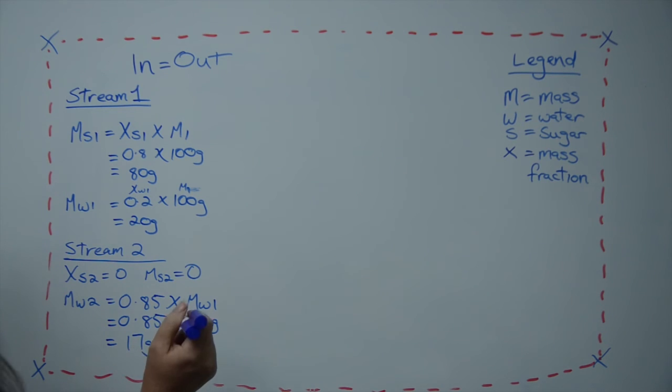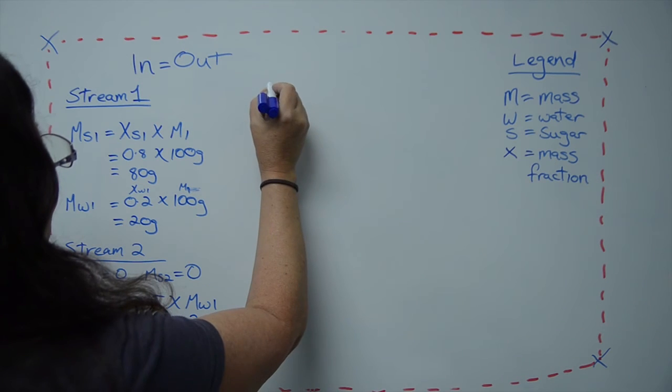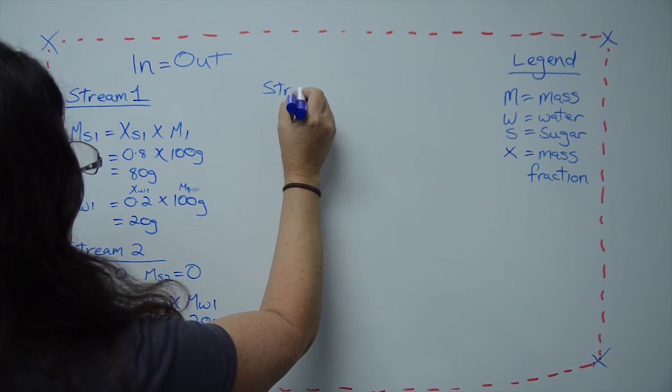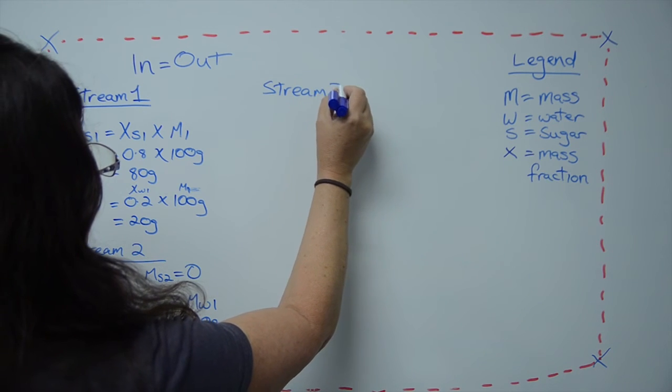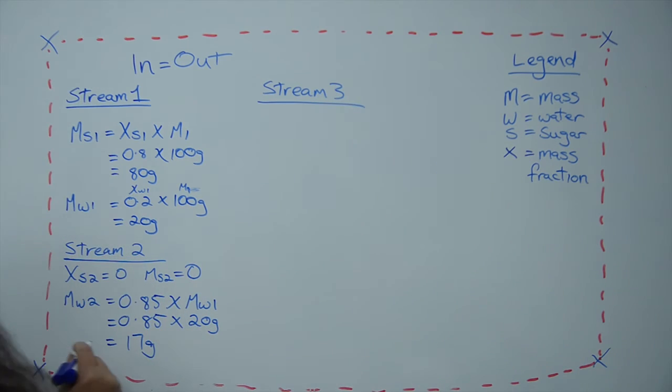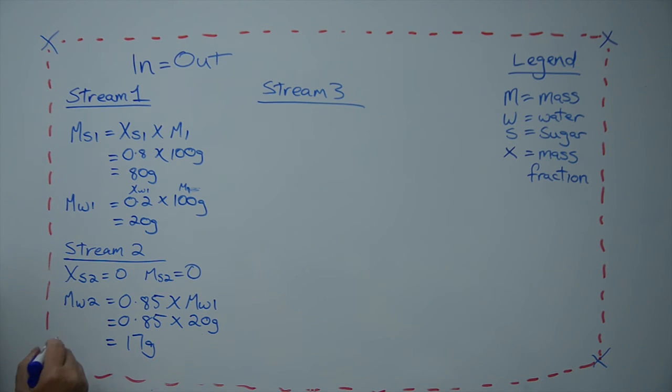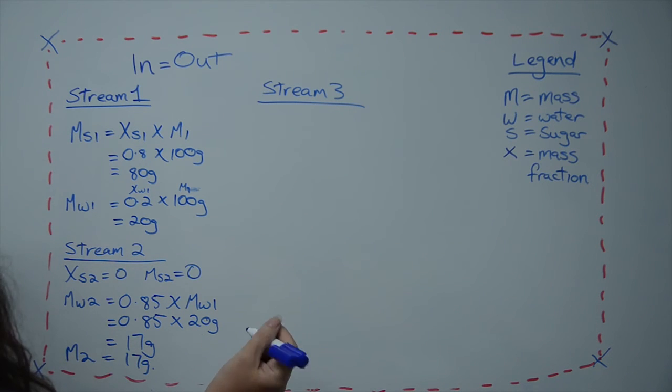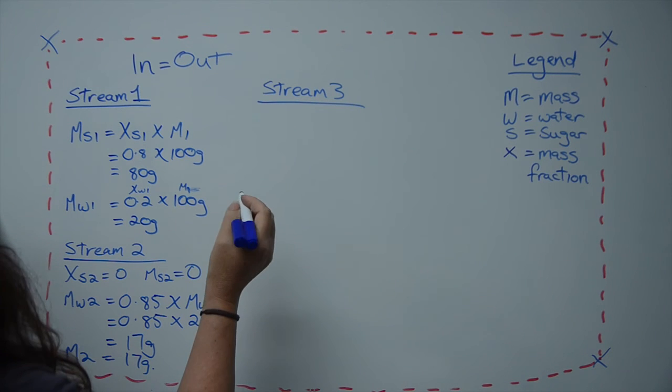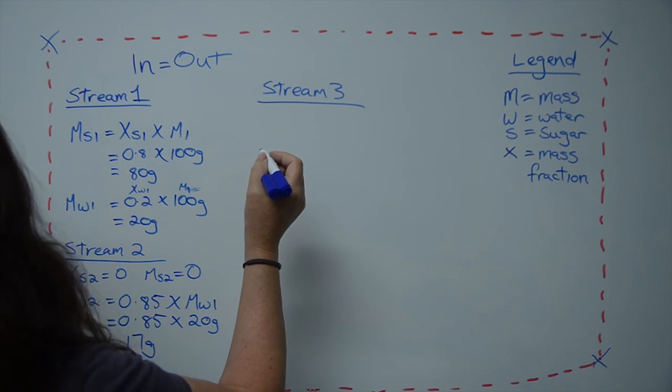So now we're going to go up to stream 3. I'm just going to quickly jump down here too, and we look at M2, considering that there is no sugar stream. M2 is going to be equal to MW2, which equals the 17 grams also, just in case you forgot that part. So let's do stream 3 now. So we know that our in equals out.